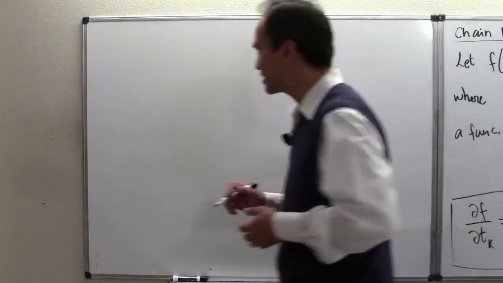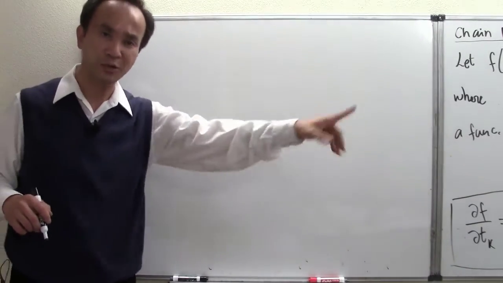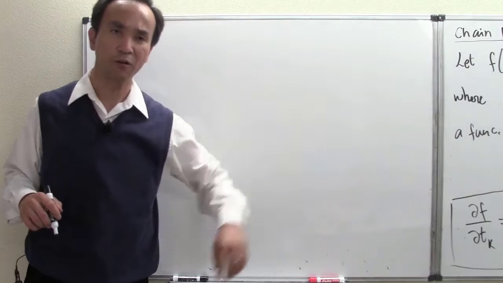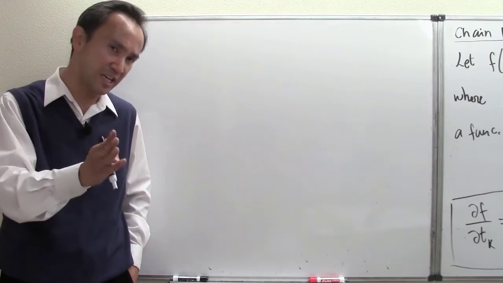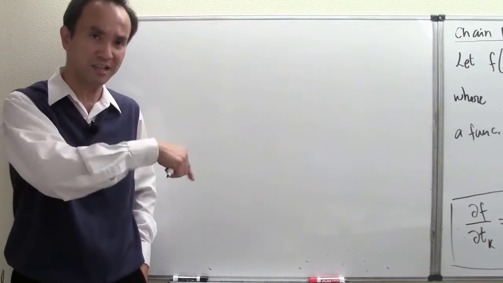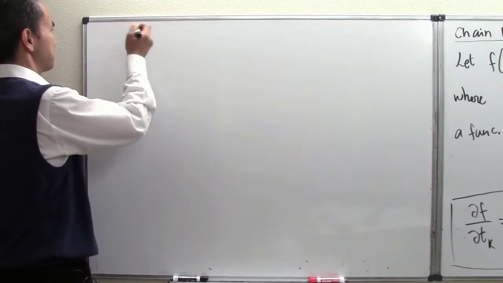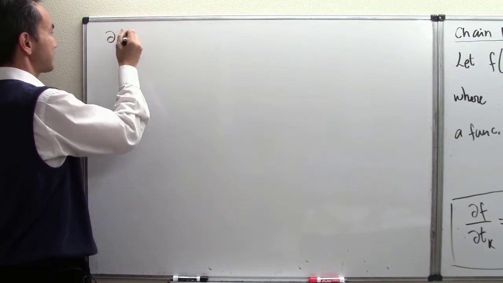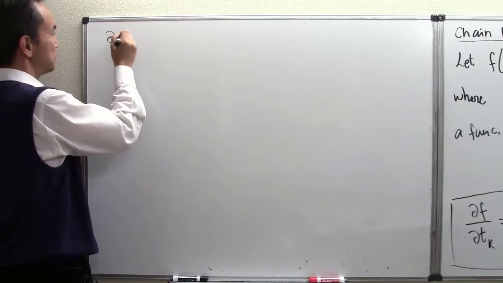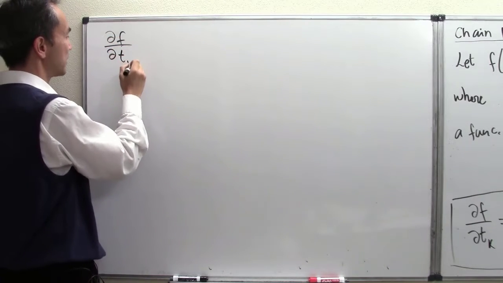In case you have learned about gradients prior to learning about these video lessons on the chain rule, I'm repeating myself, in case you already learned the gradient before the chain rule, then you can recognize the following. Allow me to take a little of your viewing time by rewriting the formula here.